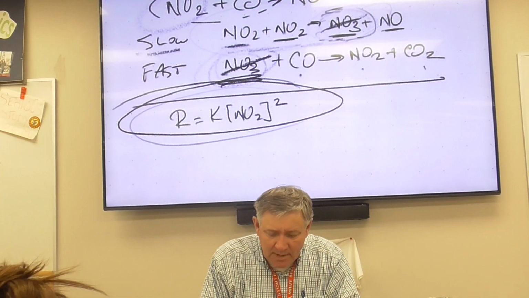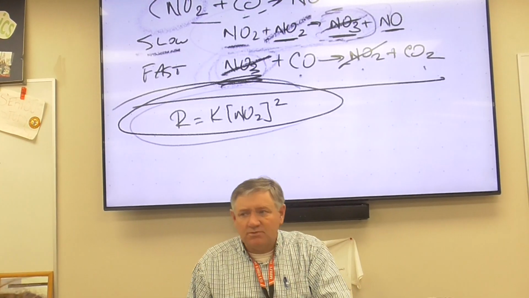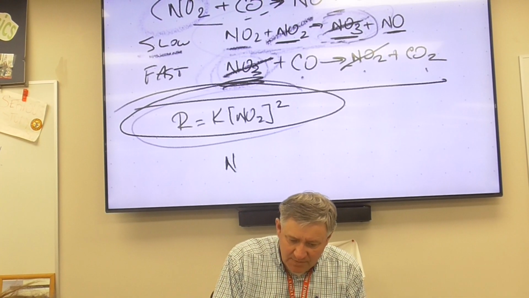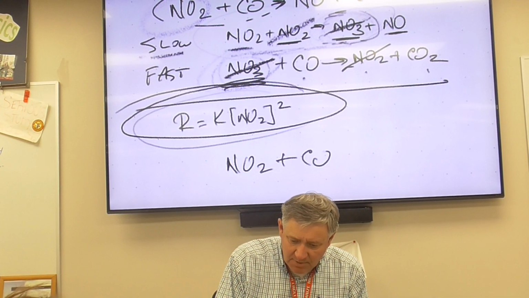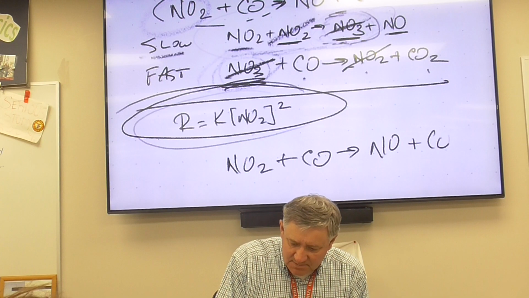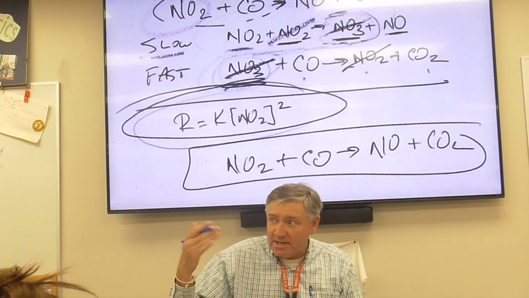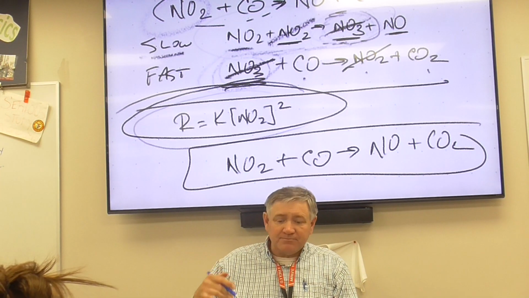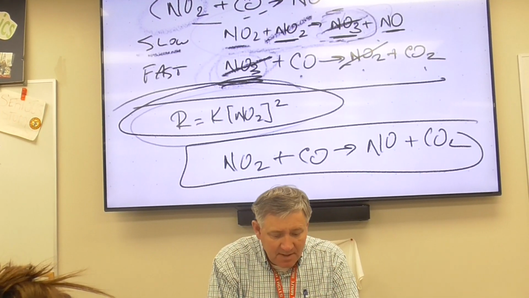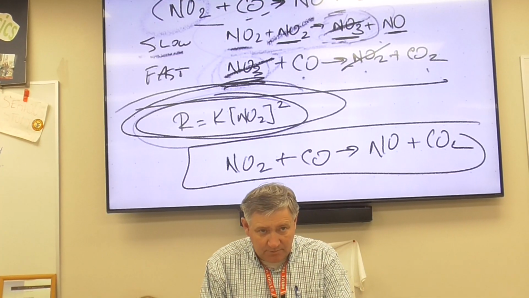Then if you look at what happens, I've got an NO2 over here and an NO2 over there. Those cancel out. So what I'm left with is NO2 plus CO yielding NO plus CO2. So if I say, okay, here's the proposed mechanism, I have a slow step that's dependent upon the concentration of NO2.